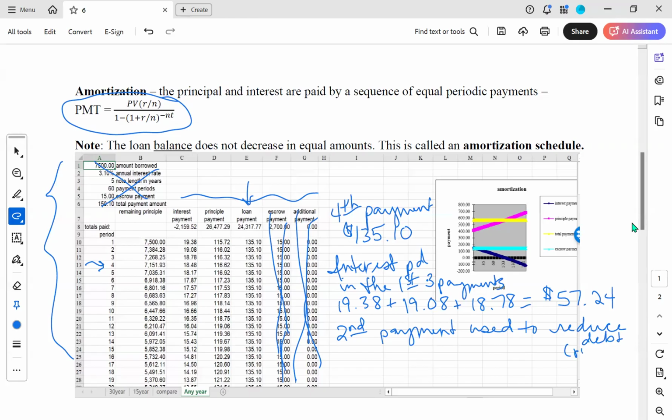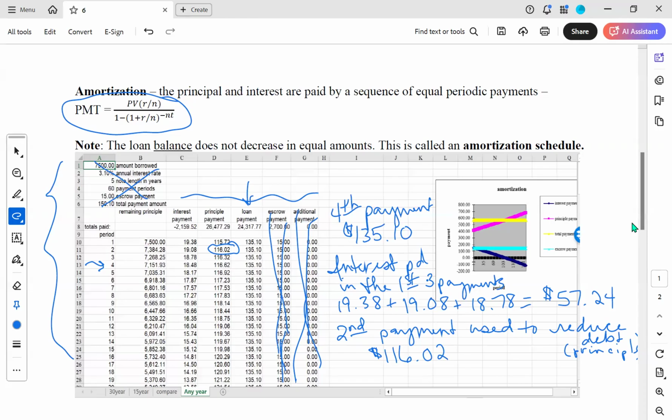Whenever they say the debt, they're talking about the principal. So in this case here, our principal payment on the second one reduces the debt by $116.02.